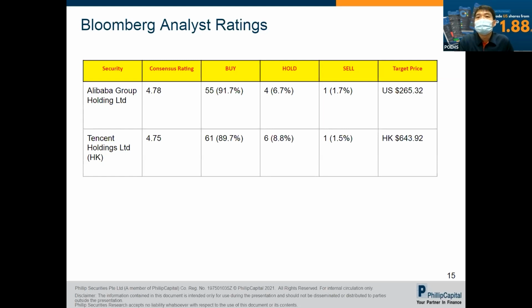So why is it such a big thing? Because the property sector is about 25% of China's GDP, if they were to fall, it would affect the industry negatively. Many people would lose their savings and their homes, and it would affect investor sentiment a lot.